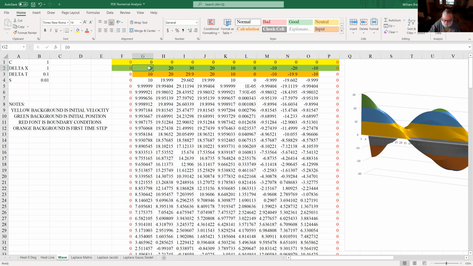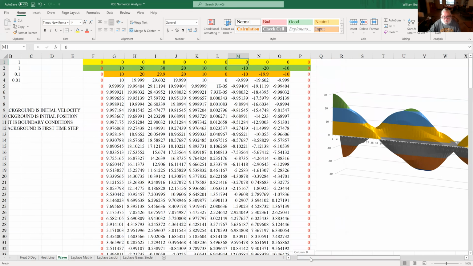So we've got a string that's up here, and then 0 there, and then down. So that's my initial conditions. This orange part is that first time step that takes into account the initial velocity. And then we just do the update over and over again.